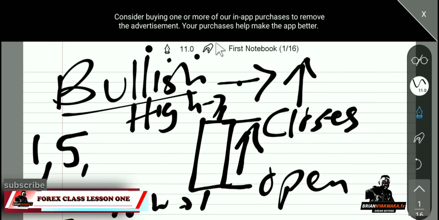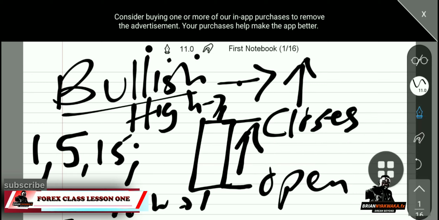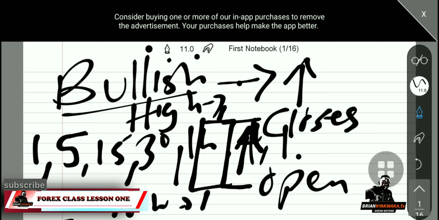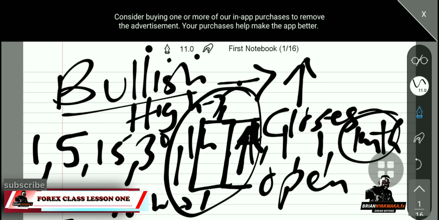If it is 5 minutes, this entire candlestick takes 5 minutes to fully form and close. We have 15 minutes, the same, 30 minutes, 1 hour. We have 4 hours. We have 1 day, 1 week and 1 month. So if it is 1 month, it means this entire candlestick takes 1 month to fully form.